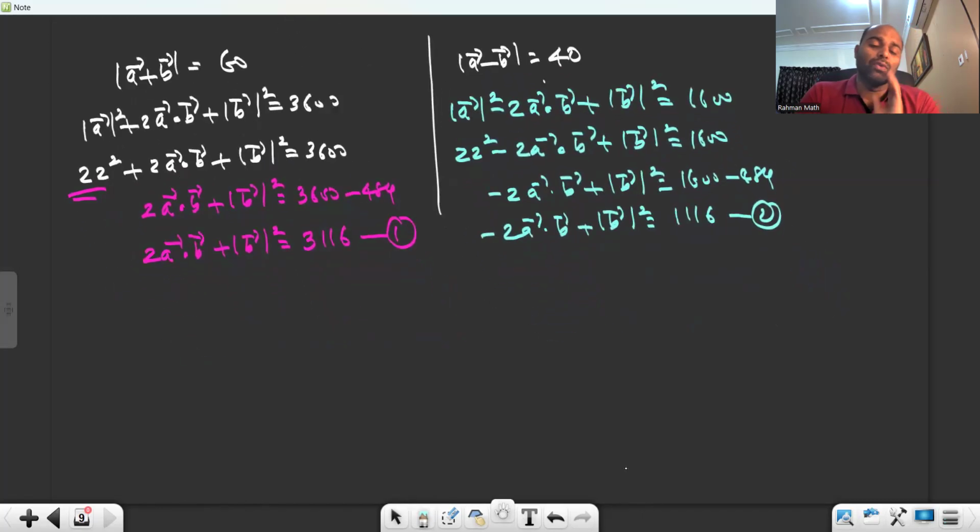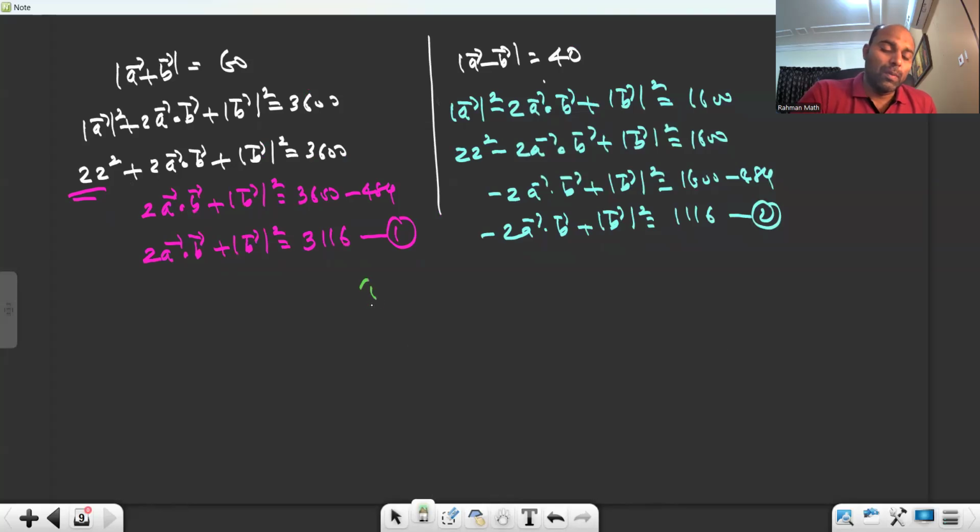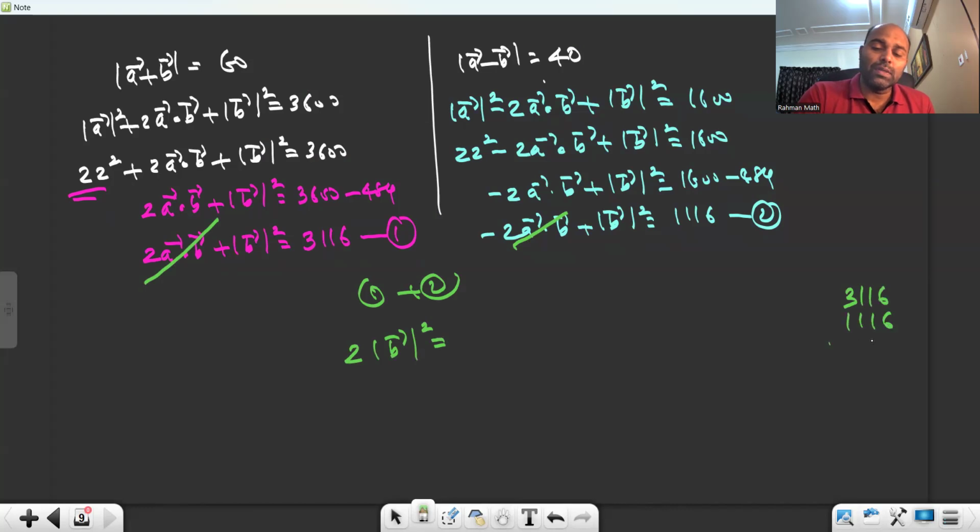Add 1 and 2. The 2A dot B terms get cancelled. So 2 times magnitude B square equals this, when you add 1,1,6 and 2,3,2,4,2,3,2.